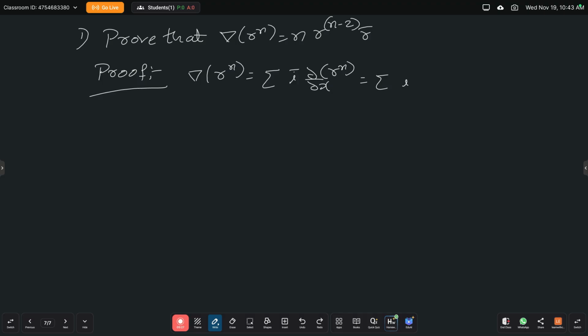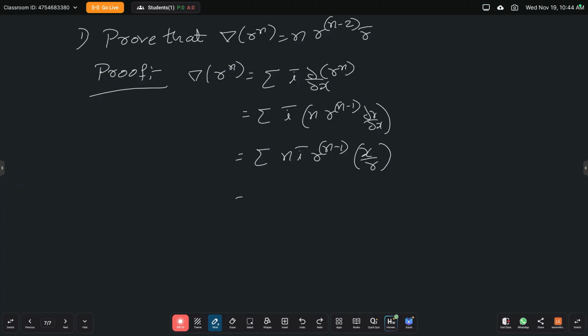The partial derivative of r power n with respect to x becomes n into r power n minus 1 into dou r by dou x. Now we have summation n into i bar into r power n minus 1 into dou r by dou x, and just now we discussed that dou r by dou x is x by r.